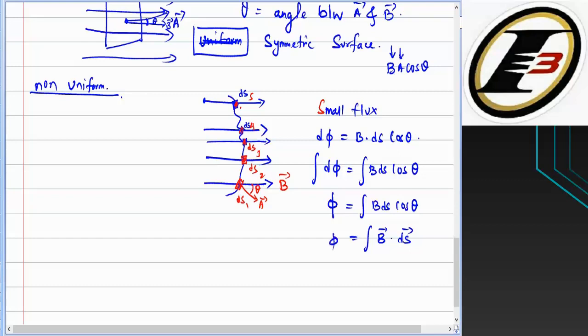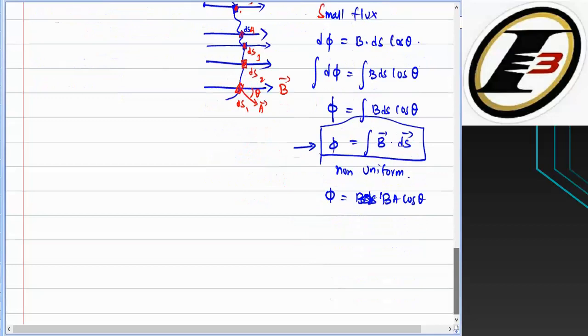So this is the formula for non uniform surface, understood? And BA cos theta is for uniform surface. This is for uniform surface, and this is for non-uniform surface.